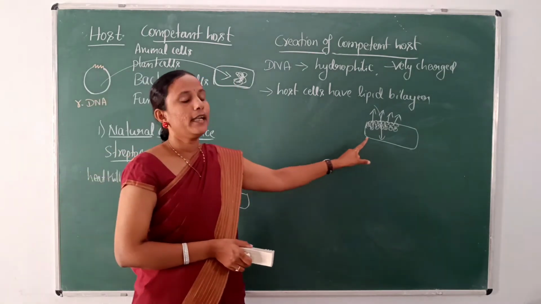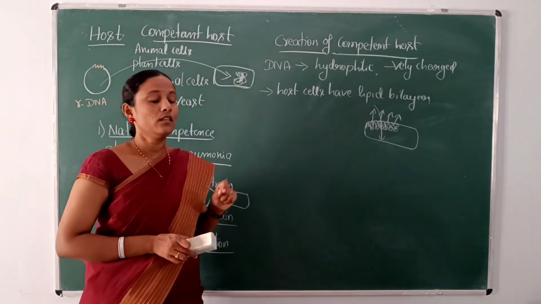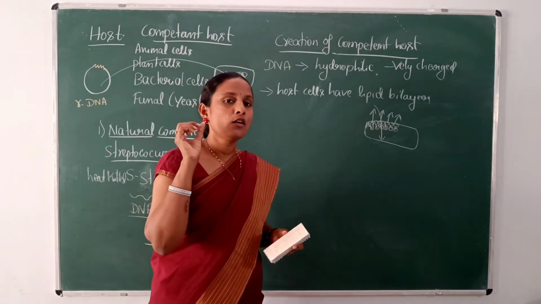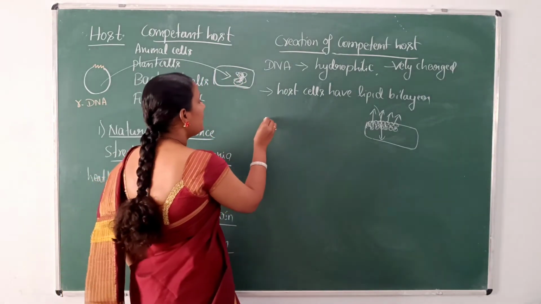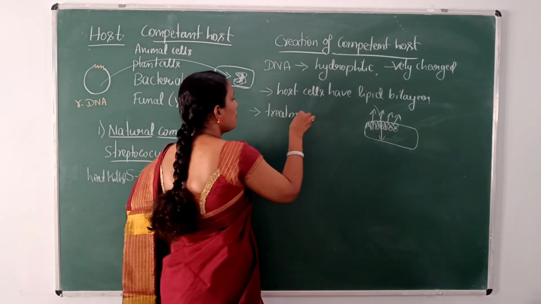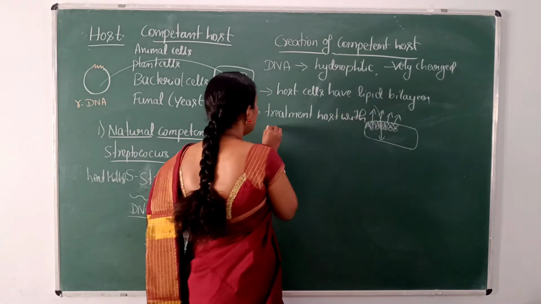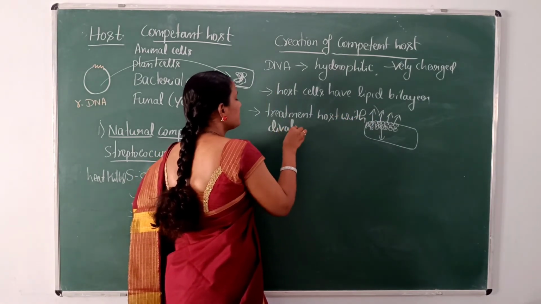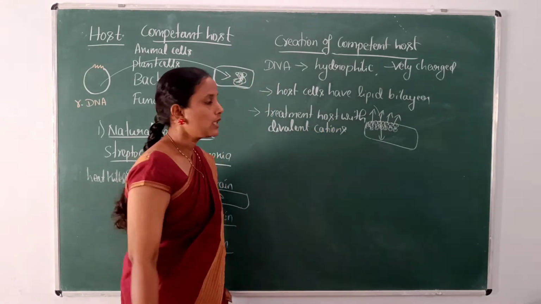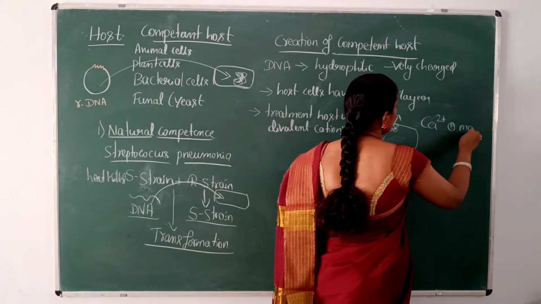So for the induction of competence in the cells, there are various methods available. The common method used is treatment of the host with divalent cations like calcium or magnesium.